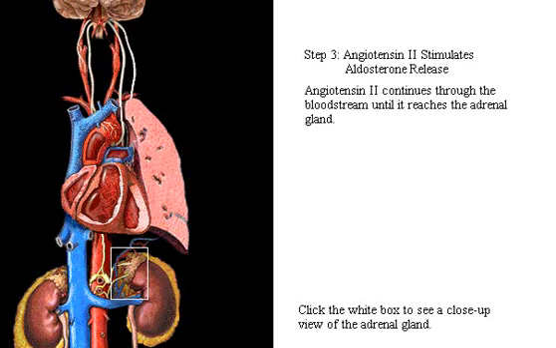In the third step, angiotensin 2 stimulates aldosterone release. Angiotensin 2 continues through the bloodstream until it reaches the adrenal gland. Click in the white box to see a close-up view of the adrenal gland.